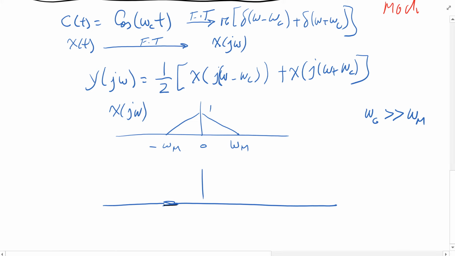So let's say the carrier sits here, with a value of π, and you're going to have 1 over here. So this is going to be −ω_c, this is going to be ω_c, and there is really nothing here; this was just the axis I drew.